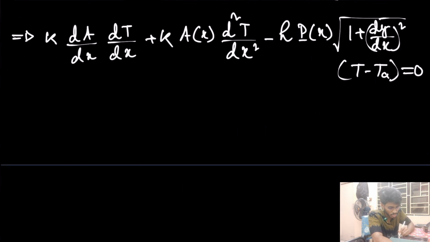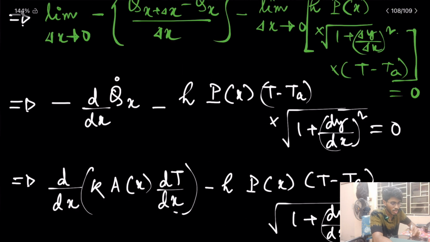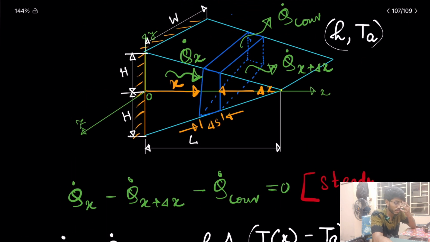Here we don't know this A(x), we don't know this P(x), and also we don't know this dy/dx. Okay, so let us see that we have the fin as a triangular fin. Okay, so it is clearly an equation of a straight line.